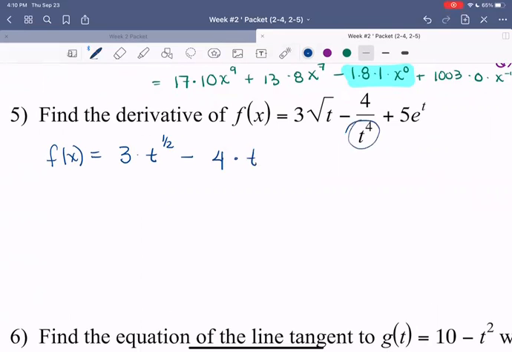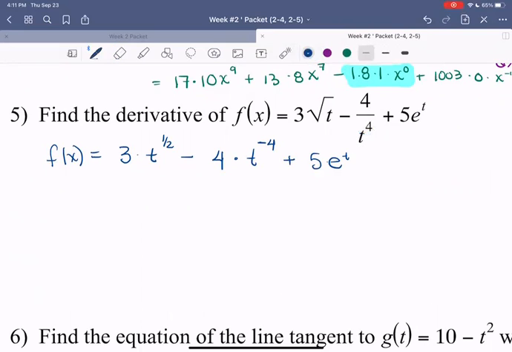If I want to bring that into the numerator, that 4 changes to a negative 4. So I just have a power function, and then plus 5 times e to the t, which we've seen in our basic rules how to compute the derivative of.